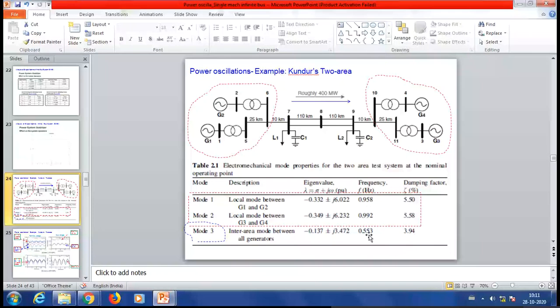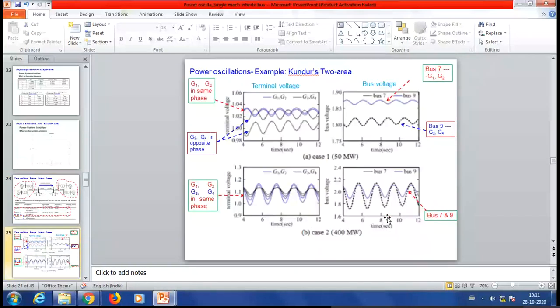Then we move on to discuss how the power oscillation will change with the operating condition. In the first case, we had the 50 megawatt power flow, and then we observed how the generators in one area and the generators in the second area oscillate.